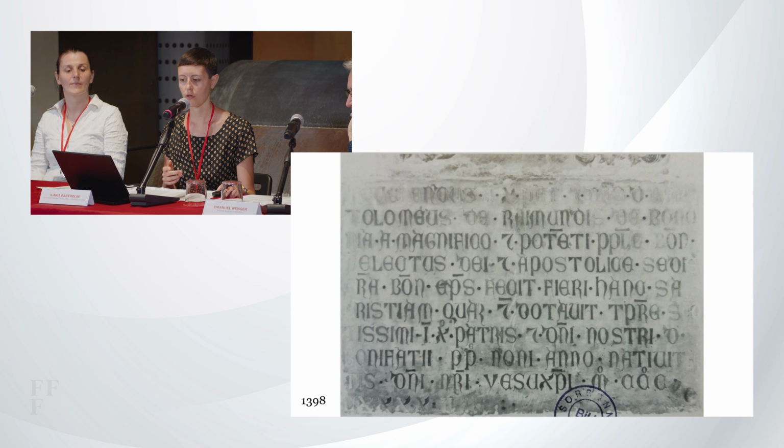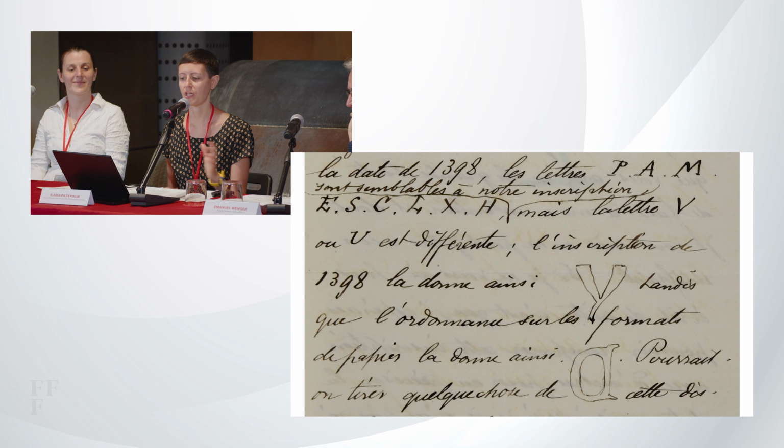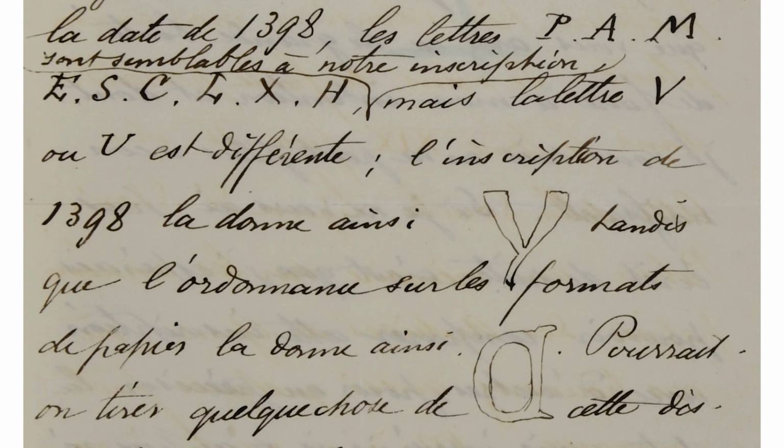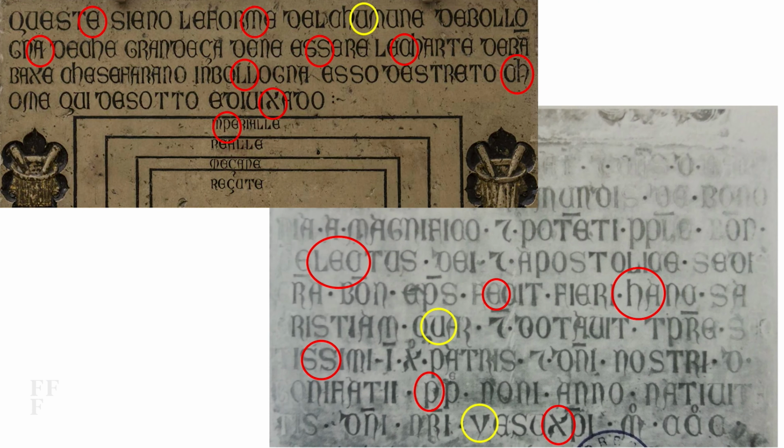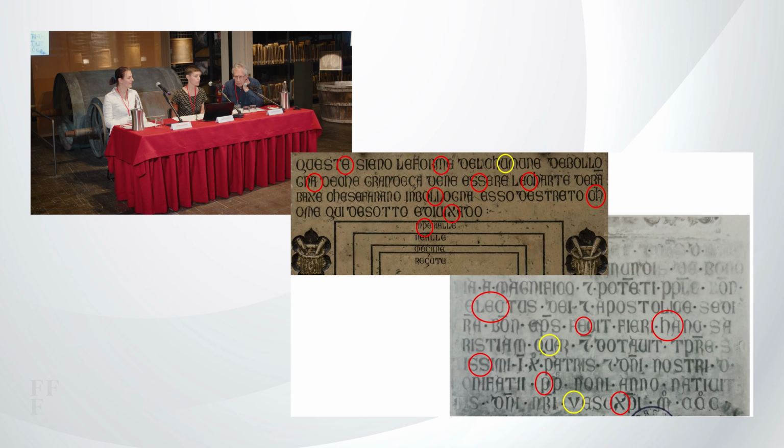So that's the letter in which they are discussing, because Briquet was a bit suspicious. He was not completely convinced at the beginning, but finally he agrees with Malagola. And if we compare the letters of the two inscriptions, we can see that indeed, from the paleographic point of view, we could date the inscription of the Bologna stone at the end of the 14th century.